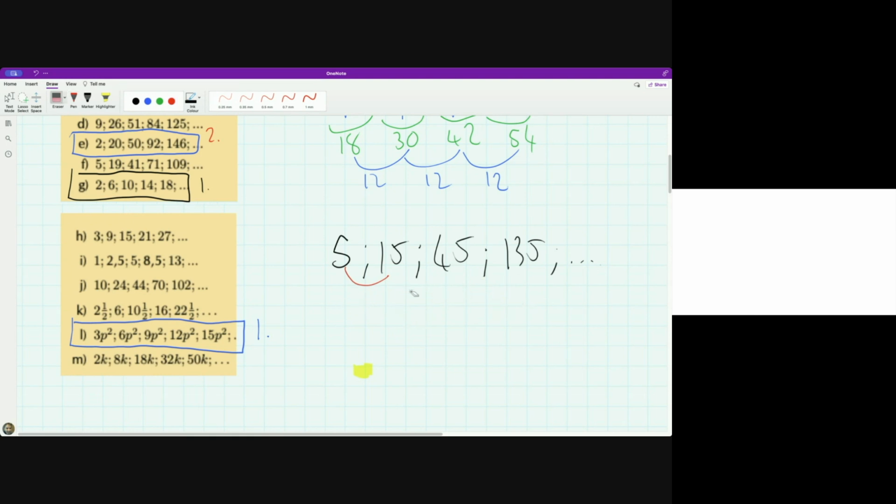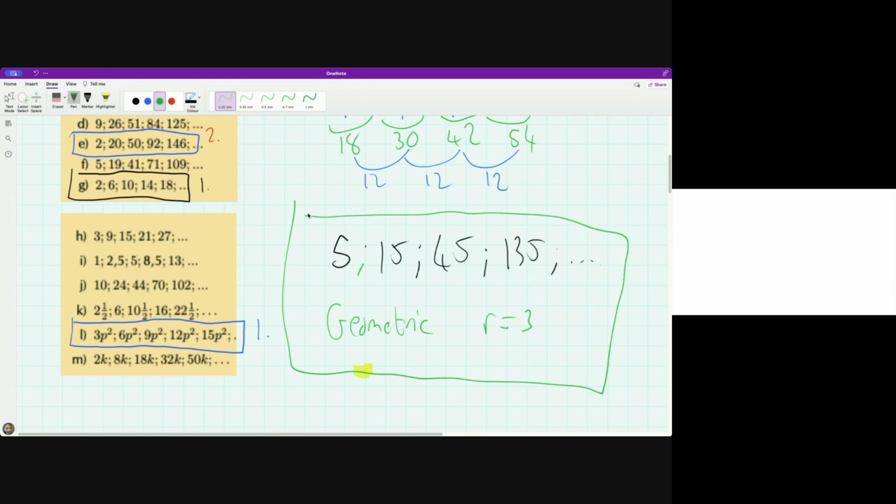The way that we are going from one term to the next is we're timesing by a number. And so we call this a geometric number pattern because we're multiplying by 3, or by something called the common ratio. And so that's another type of number pattern that's possible to have. Give me a thumbs up if you understand how this is different to the other ones we've spoken about so far.